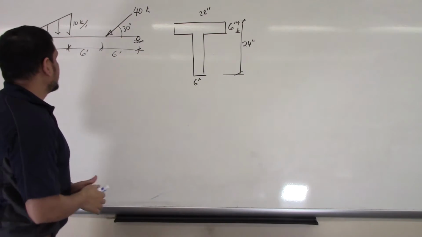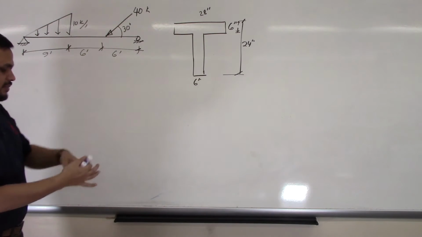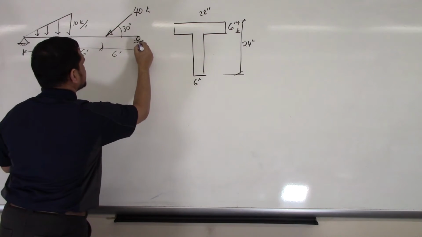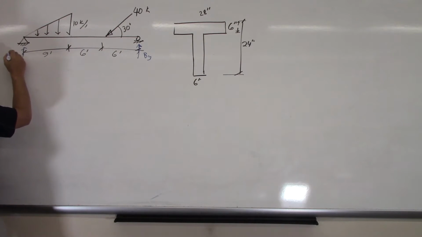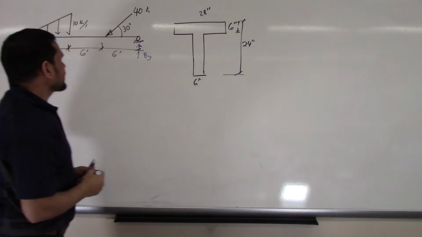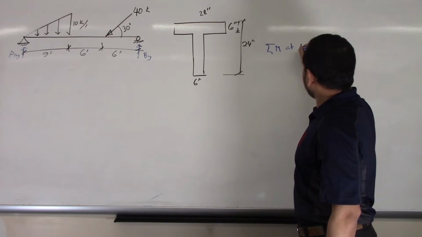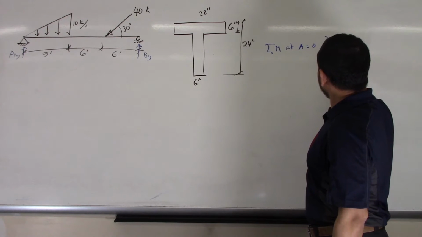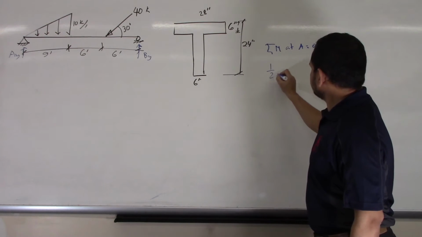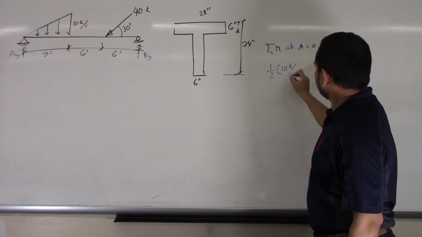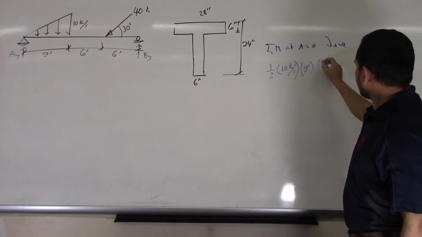To draw the normal force, shear force, and bending moment diagrams, we have to determine the reactions. Say this is By, this is Ay. Taking summation of moment at A equal to 0, with clockwise moment positive, my first force is triangular, 10 kips/feet acting over 9 feet.